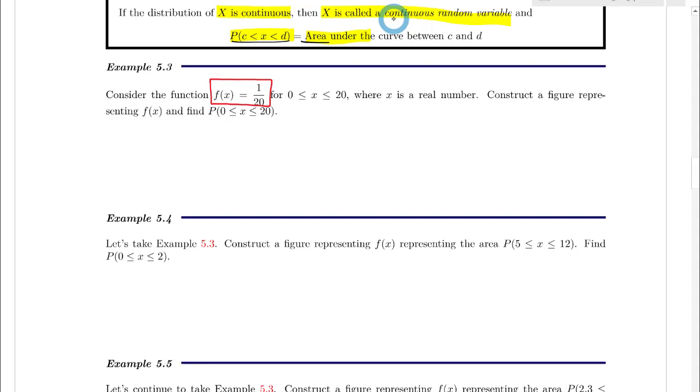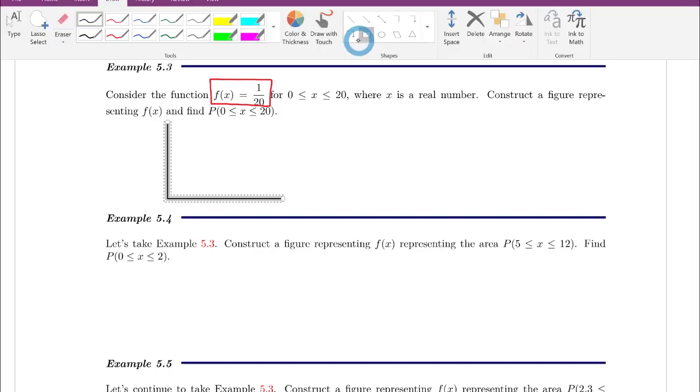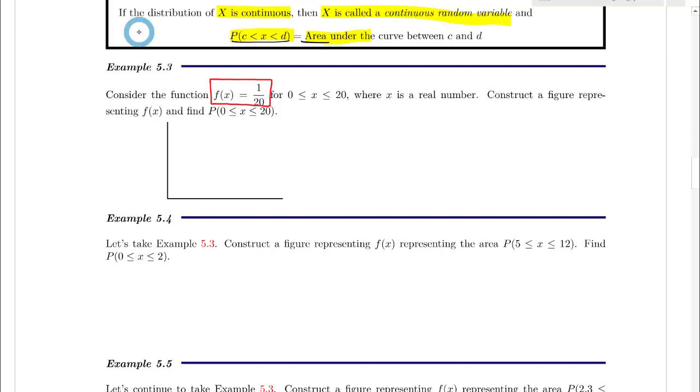So let's draw the first quadrant. Let's go ahead and mark 0, and here's 20. And let's just label anywhere on the y-axis 1 over 20, which is just f of x.